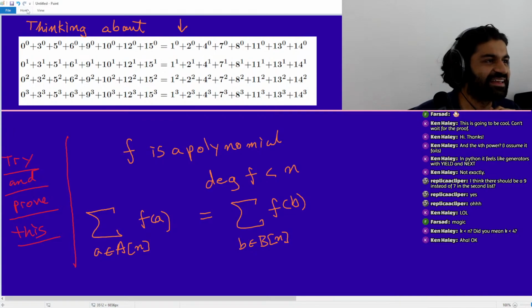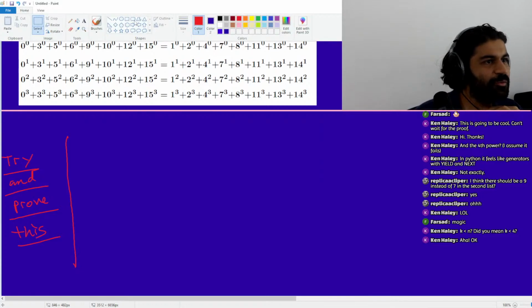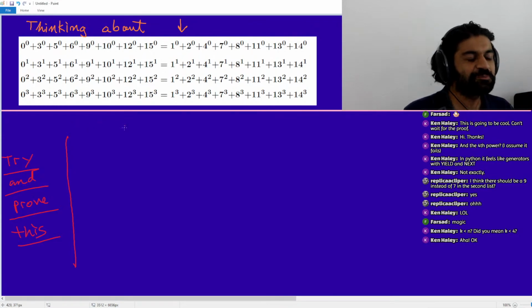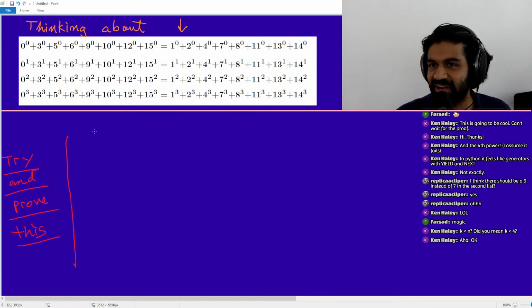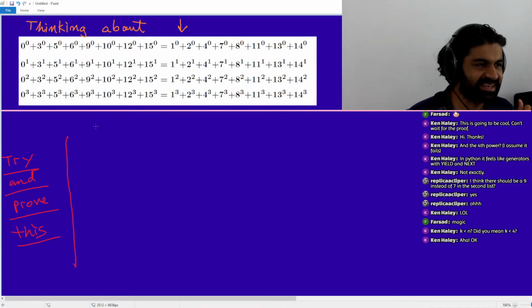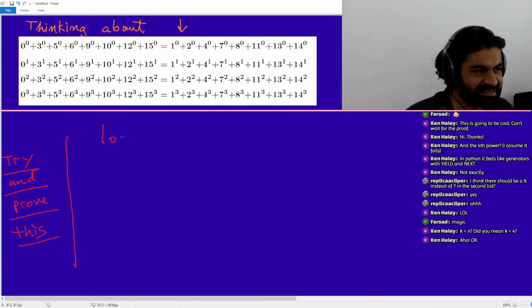Why does thinking about it like this help me at all? Well, I'm going to prove this by induction. Induction is just a type of recursion. We're going to start with the most basic case. We're just going to induct on the degree, so we're going to look at the degree of f.